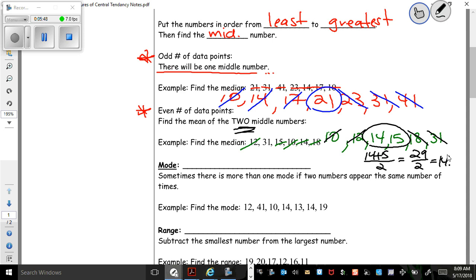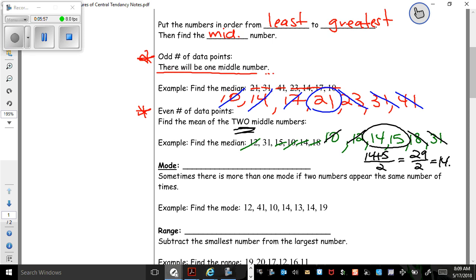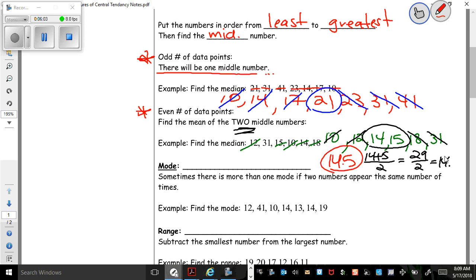So the median would be 14.5. All right. The mode.